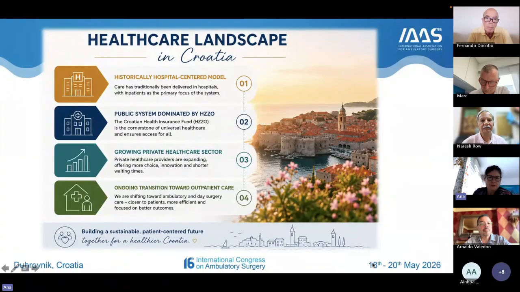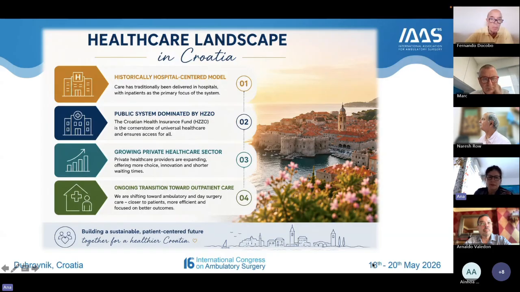But in order to understand the development of ambulatory surgery in Croatia, it is important to know what our healthcare landscape is. Croatia has a good health insurance, and healthcare is available to everyone. So we have a historically traditional hospital-centered model, and care has traditionally been delivered in hospitals, with inpatients being the primary focus of the system.